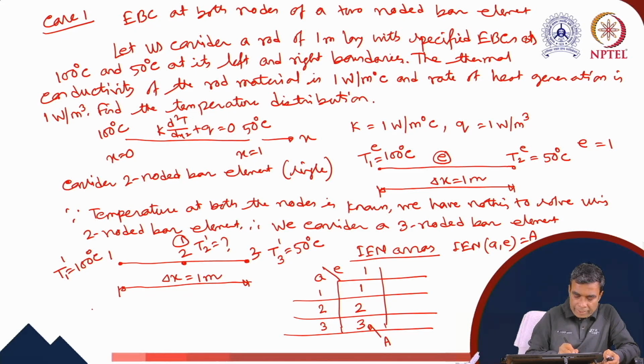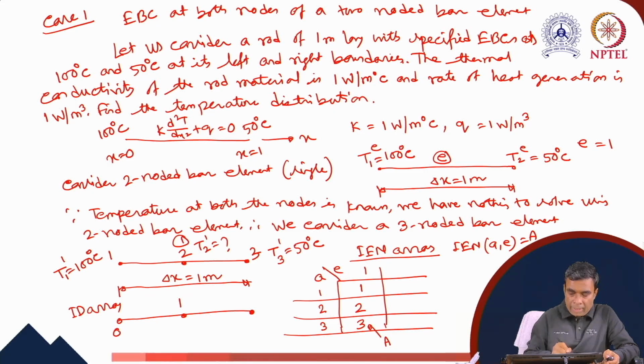Now we generate the ID array. For the ID array, we replot the mesh, then we see that we have only one equation at the center of the element. There, that equation number is 1. At the boundaries, the equation numbers are 0. So these are the P quantities.